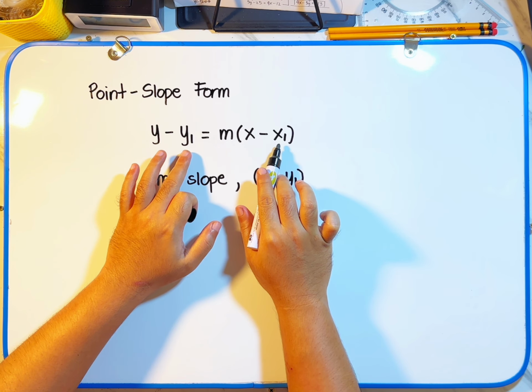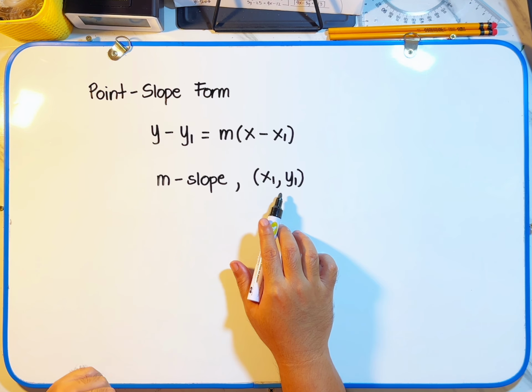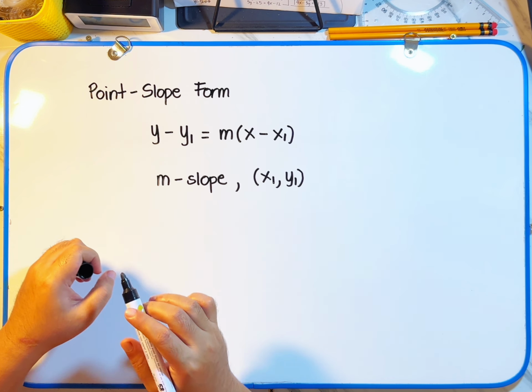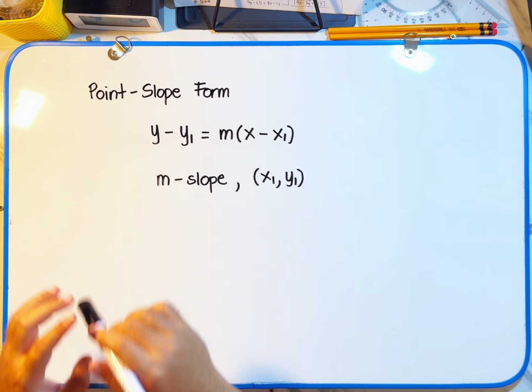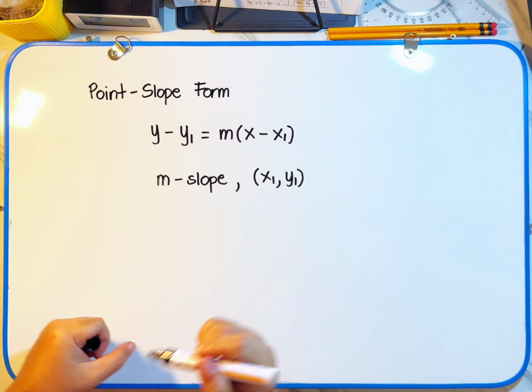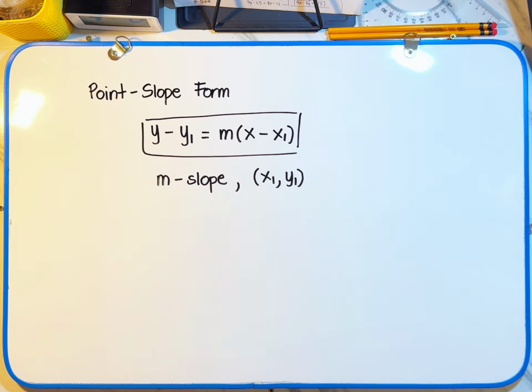These are the coordinates, and this point lies along the line. By the definition of the name, point-slope, if you have a point and a slope, you can write the equation of any line. We will use this formula to answer some example problems.